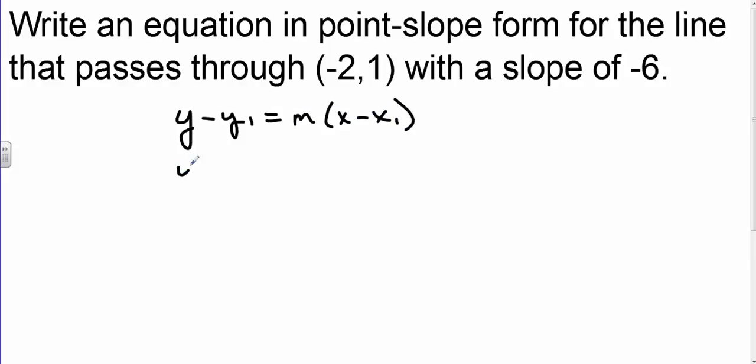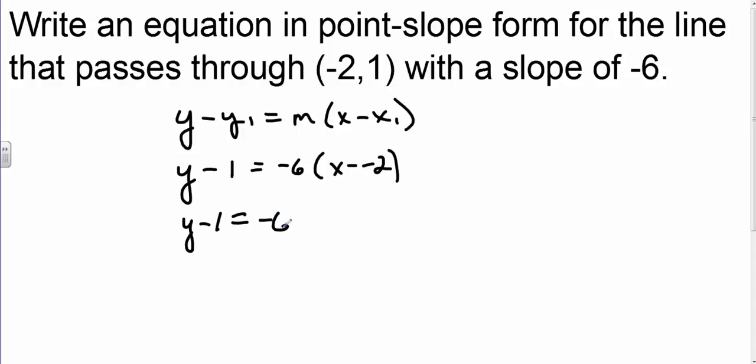Okay, so we go y minus 1 equals m, which is -6, times x minus a minus 2. And then we simplify it so that it doesn't have multiple signs there. y minus 1 equals -6 times x plus 2. Did you get that? I hope that you did.